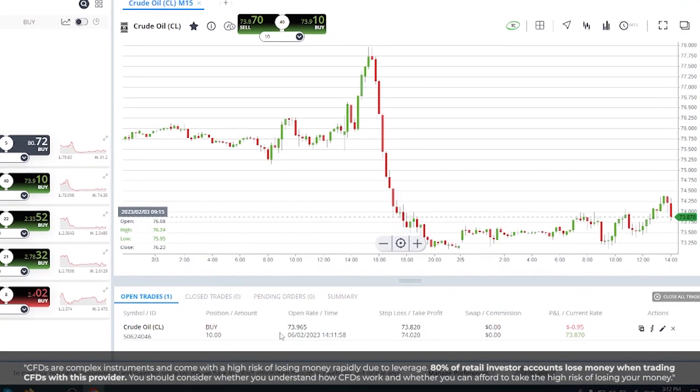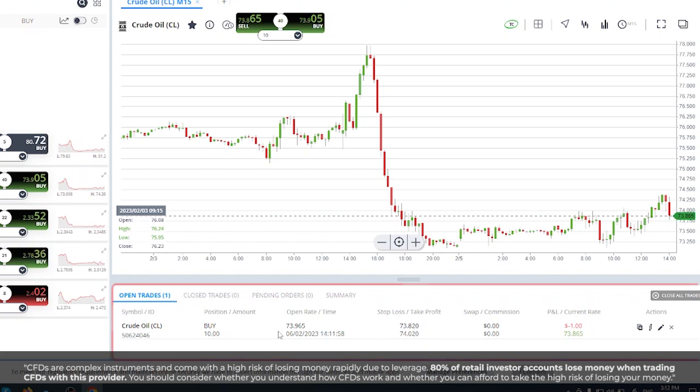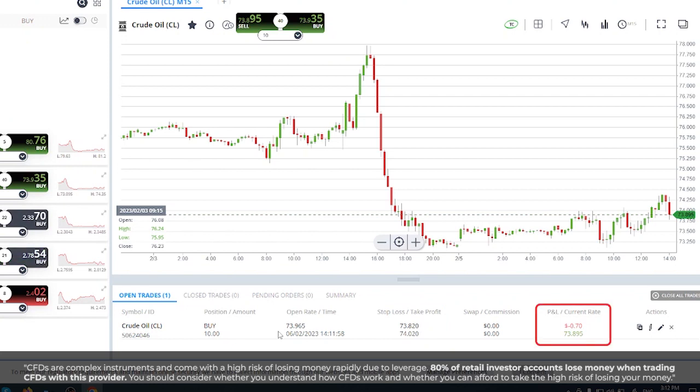You can see all of your open positions on the bottom of the screen under open trades: the instrument that you are trading with, the type of position that you opened, the open price rate, and levels of stop loss and take profit, and current profit or loss that you are making with that particular position.